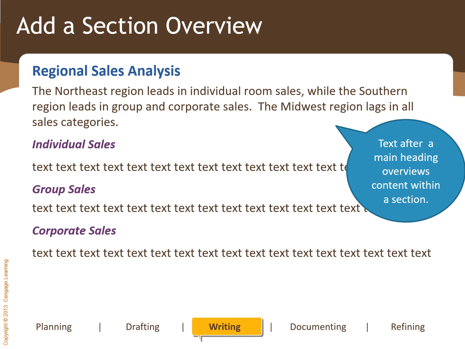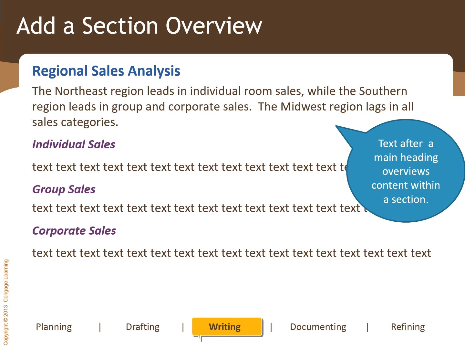Like in this case, we have regional sales analysis, so that's our major section, and then under it we have a number of different subsections or subheadings: individual sales, group sales, corporate sales. So it's a lengthy section. In order to make it easier for our readers to understand what we want to say in this section, it could be a good idea to include a section overview.